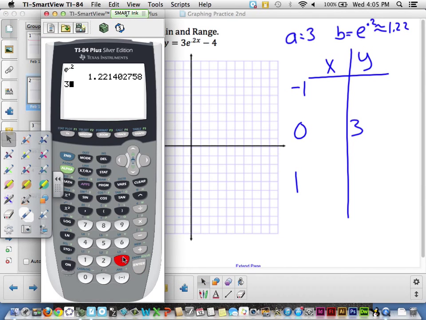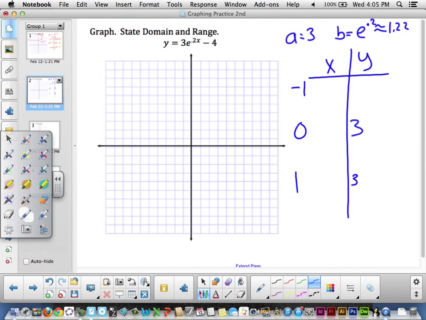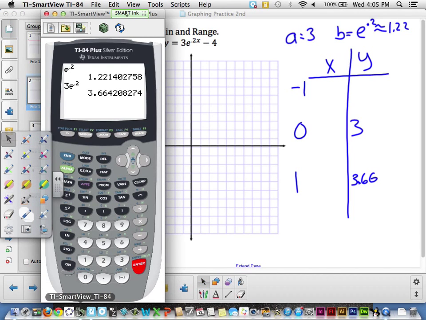So 3 times e to the point 2 is approximately 3.66. And to go backwards, we'll divide. 3 divided by e to the point 2, we got 2.46.